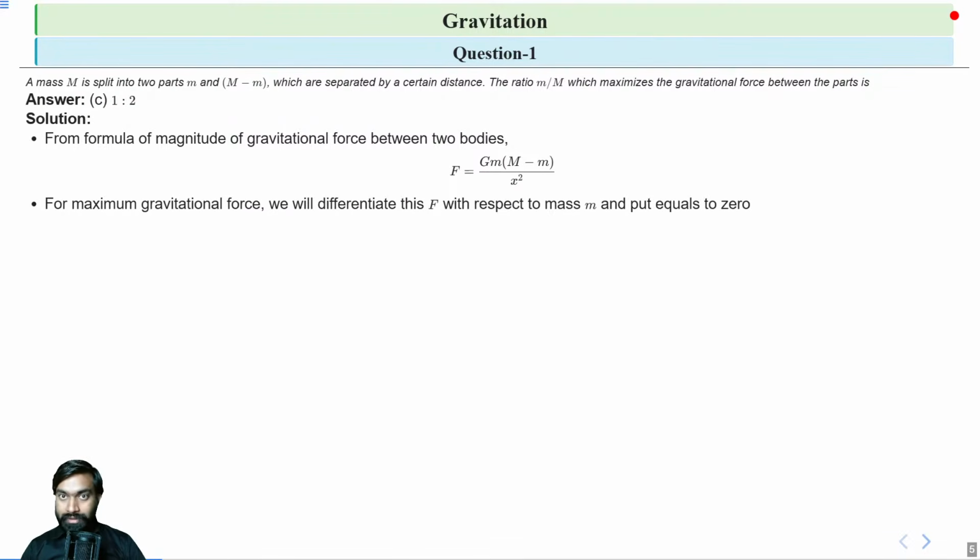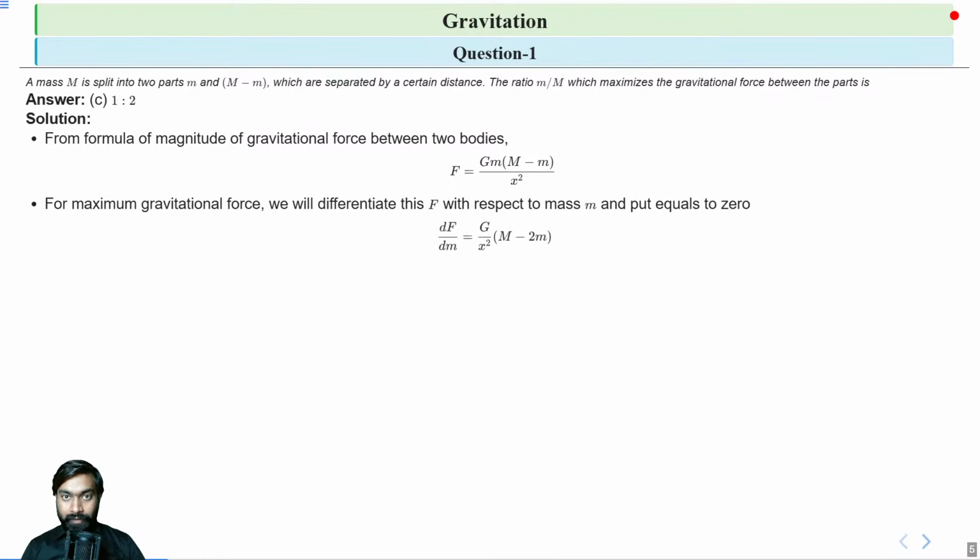Now the question says maximize the gravitational force. It means that for a maximum gravitational force, we will differentiate this force with respect to mass small m and put it equal to 0.